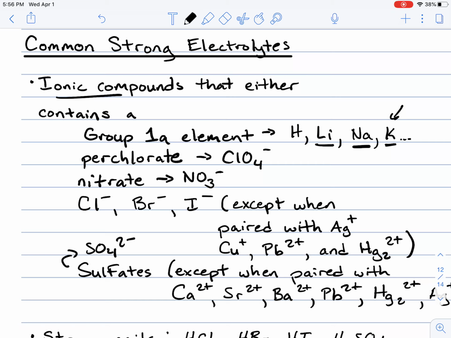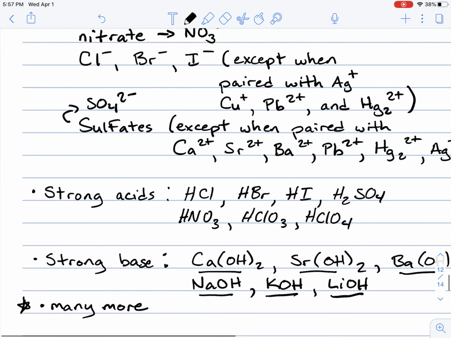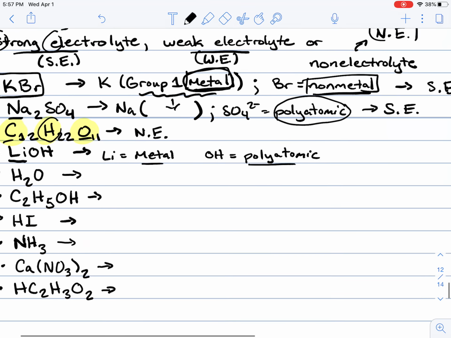If you have a group 1A element as part of the ionic compound, then it's going to be a strong electrolyte. We also have another justification. LiOH is a strong base. Both of those together inform us that LiOH is going to be a strong electrolyte.